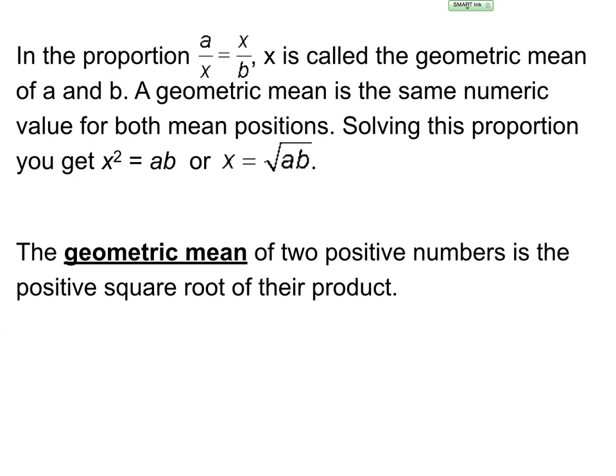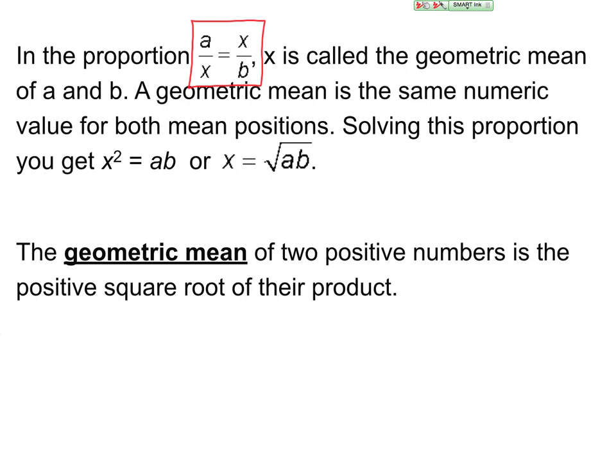So where does that come from? If you look at the beginning part of this screen, the proportion a over x and x over b is a setup to find a geometric mean. Why that setup?